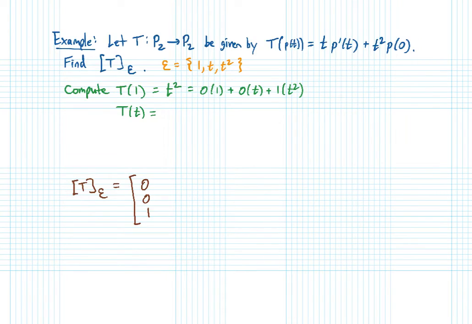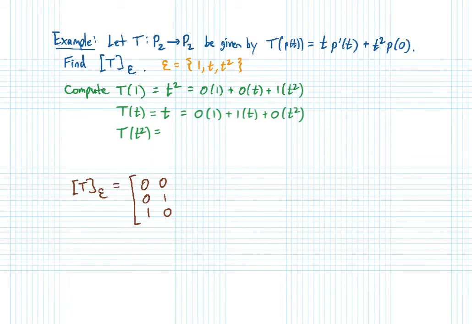In this case, the derivative is 1, so we get t times 1, and p of 0 is 0, so it's just t. And then, of course, when you write t as a linear combination of the basis vectors, that's 0 times 1 plus 1 times t plus 0 times t squared. You'll be able to skip that step, but I'm writing it out here so you can see exactly where the numbers come from. So in this case, those numbers become the second column of the matrix.